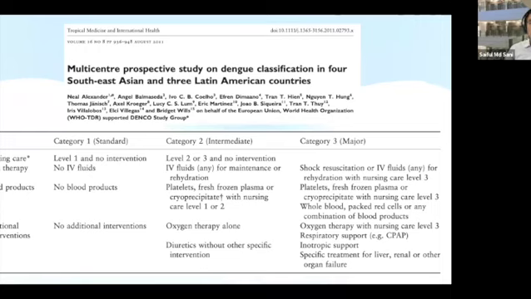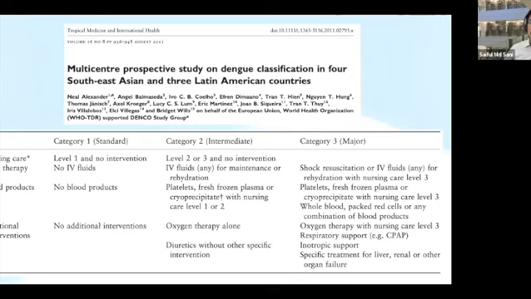As I've mentioned for the 2009 criteria, these are patients who are treated as outpatients. They only require oral fluids. Then you've got category 2 patients who only need some rehydration via intravenous fluids, some maintenance, perhaps some platelets or fresh frozen plasma, and simple oxygen therapy.